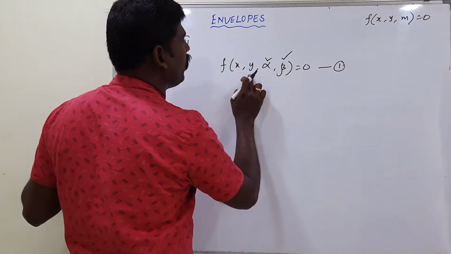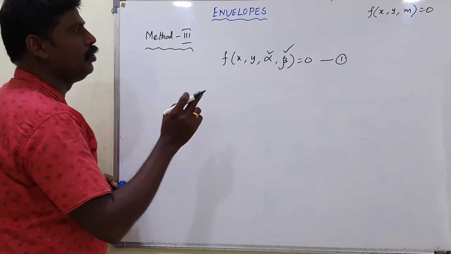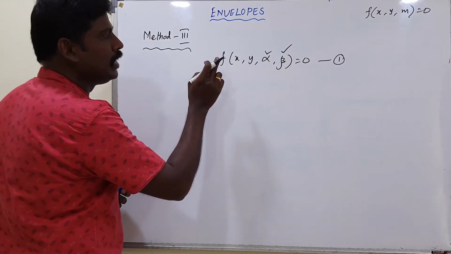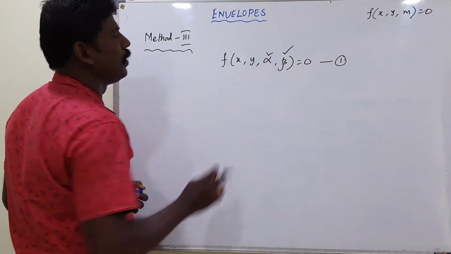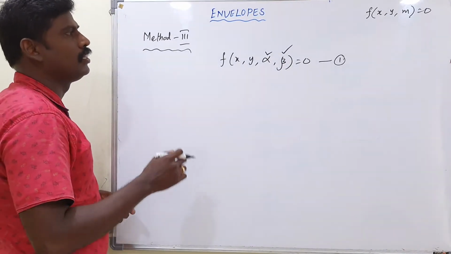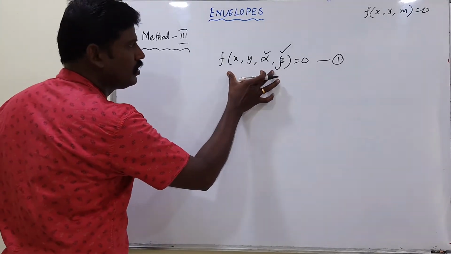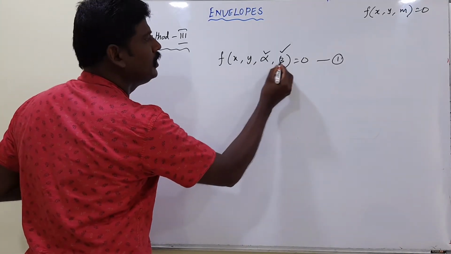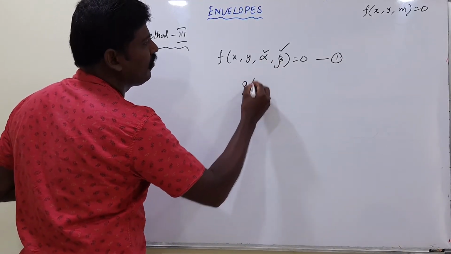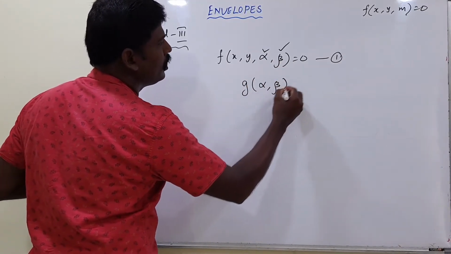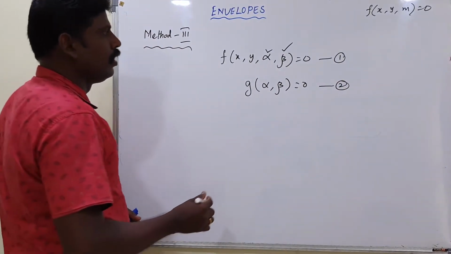So f(x, y, α, β) equal to 0 is given to you. You need to find the envelope of such a family of curves by eliminating these two parameters. So what are the other conditions given to you? This curve is given to you, and then the relationship between the parameters is also given: g(α, β) equal to 0. You call it equation number 2, right?